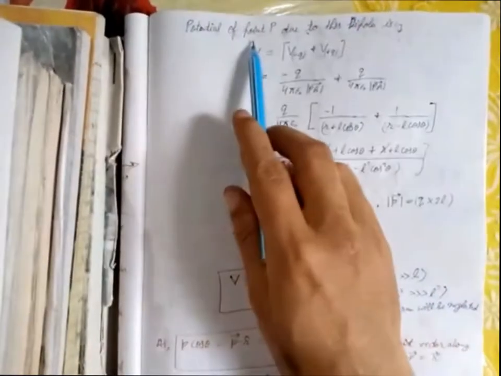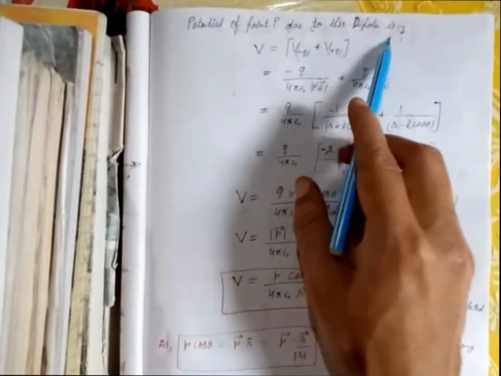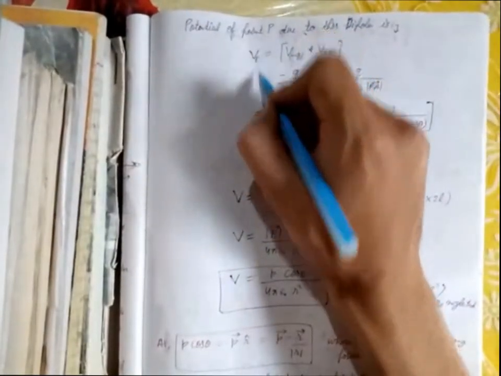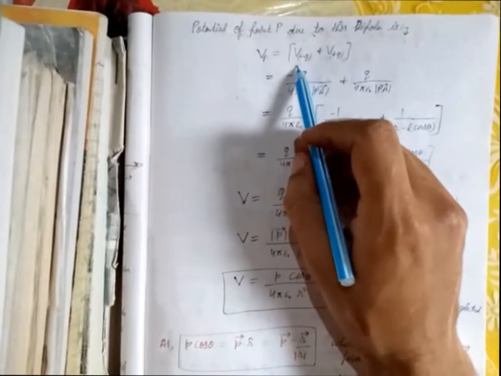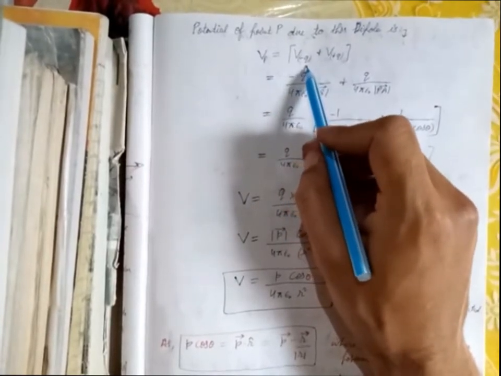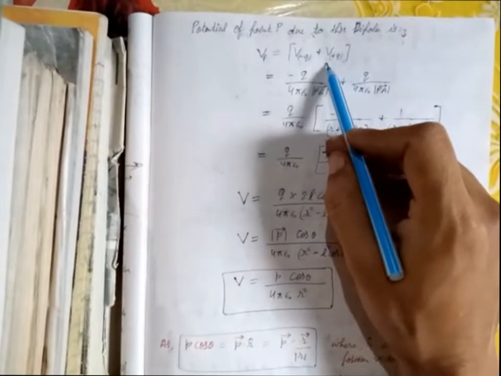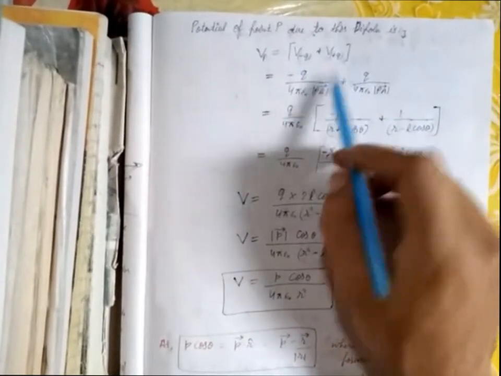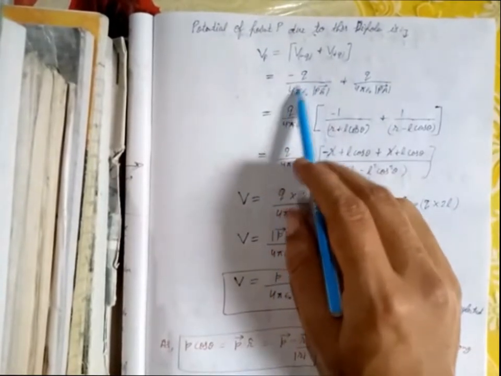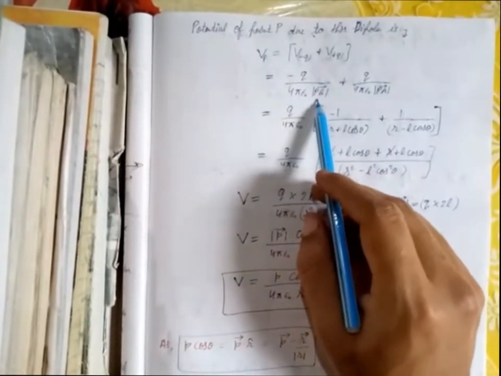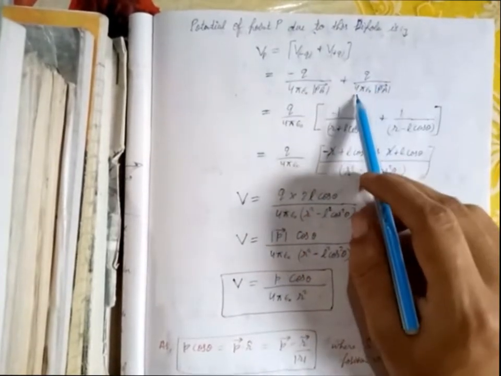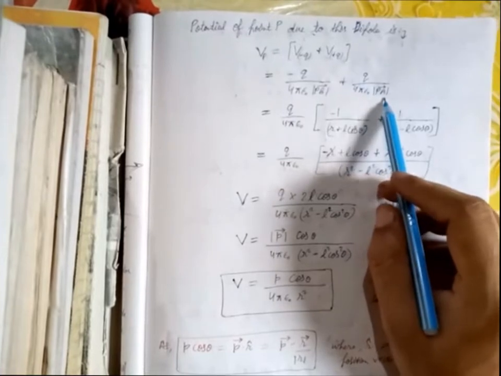Now the electric potential at point P due to this dipole is V of P, the sum of the electric potentials of the two charges: minus q upon 4 pi epsilon naught PB distance, plus q upon 4 pi epsilon naught PA distance.